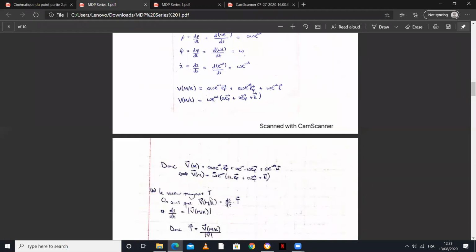What I want to find is a tangent vector. The solutions begin by saying, on sait que, and I'm sure you've been taught this in analyse or algebra modules. When you're answering, use expressions like on sait que, donc, et, on suppose, on pose.